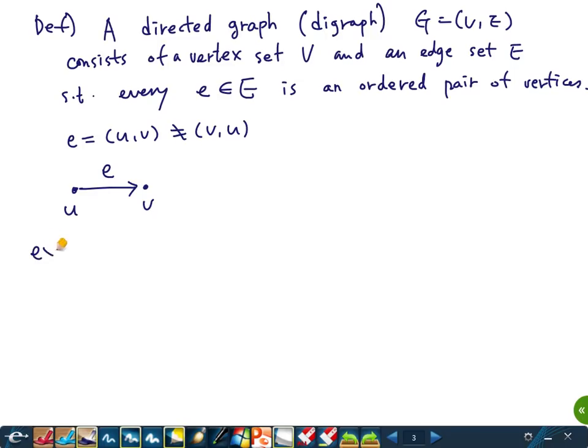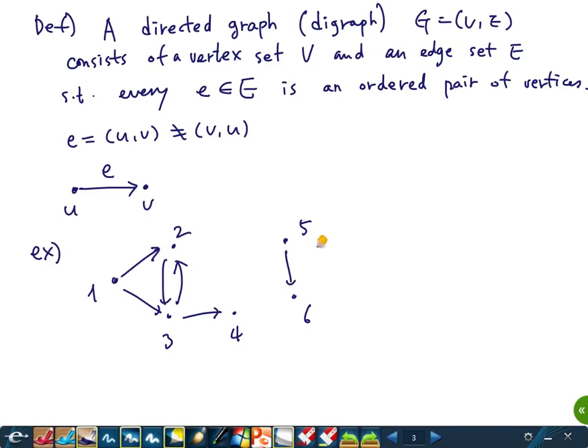So for example, a graph may look like this. A directed graph may look like this: 1, 2, 3, 4, 5, 6. If I draw a diagram like this, it's also possible that they may be the same.